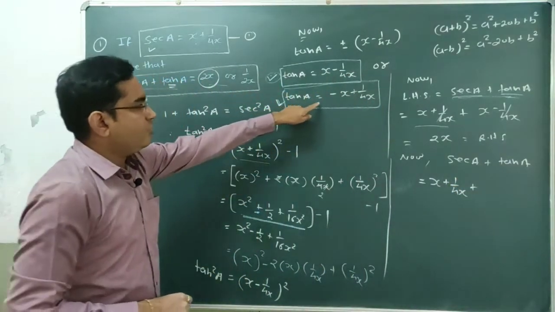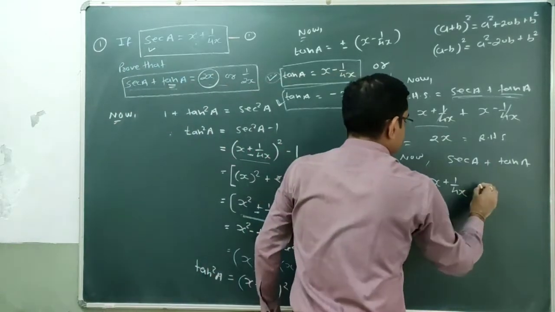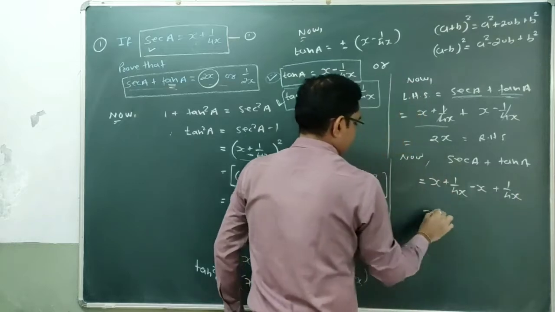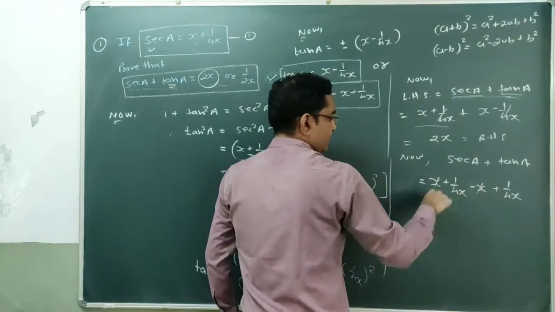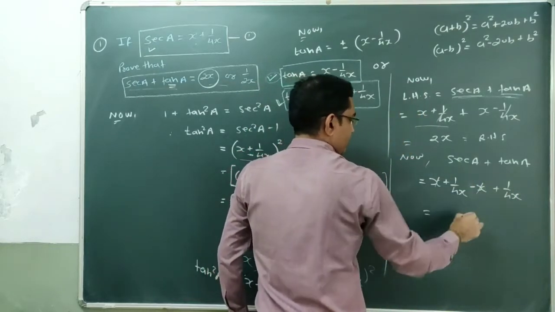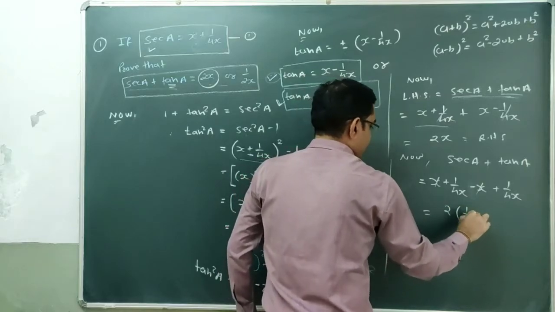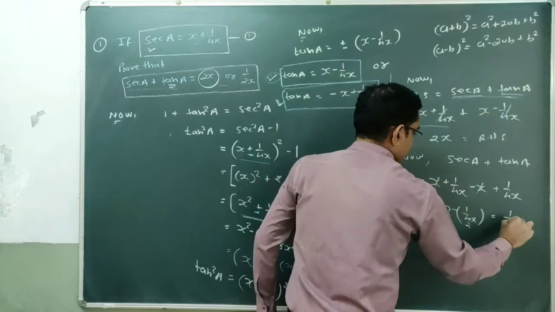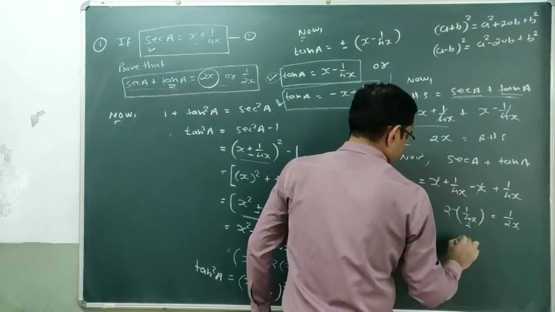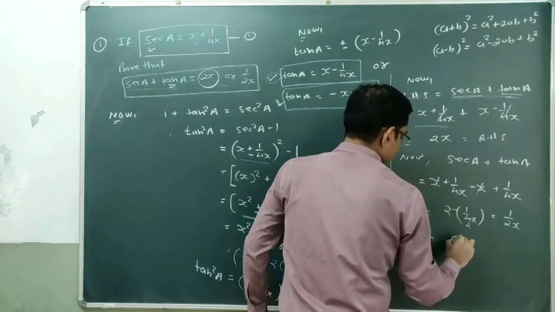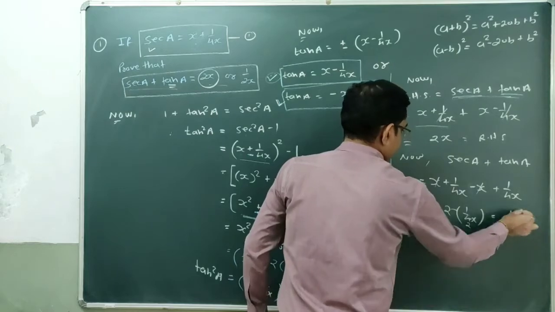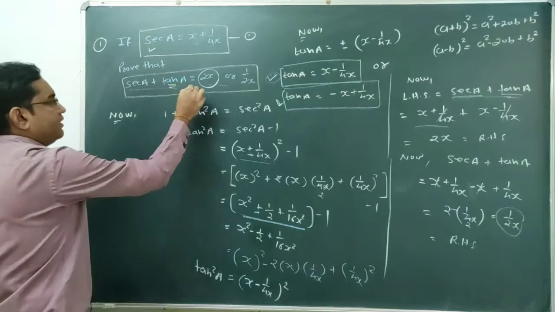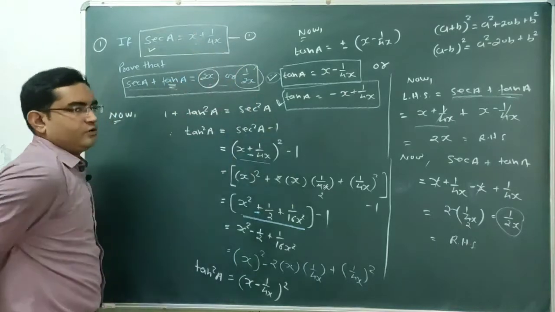Now we use the other value of tan a, which is minus x plus 1 by 4x. So this is equal to minus x plus x, which cancels, and 1 by 4x plus 1 by 4x is twice 1 by 4x, and that is 2 2s are 4, 1 by 2x. That is equal to our right hand side. The value of sec a plus tan a can be 1 upon 2x.